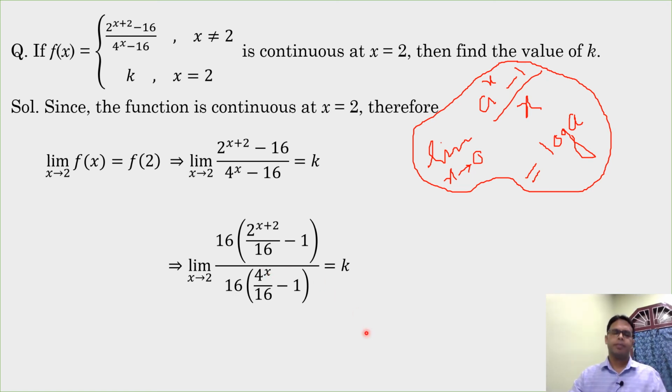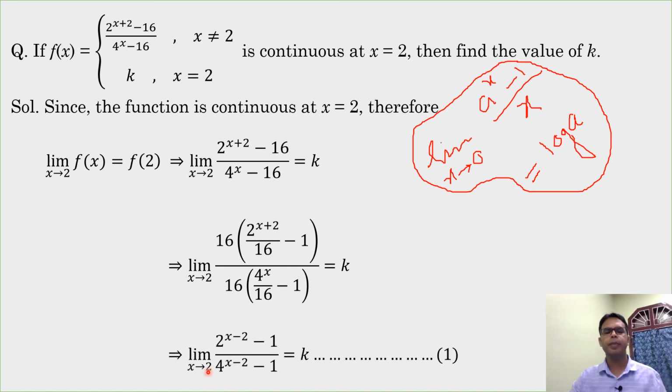Then you write this line. Observe the numerator: 16 is actually 2 power 4. So 2 to the power x plus 2 divided by 2 power 4.